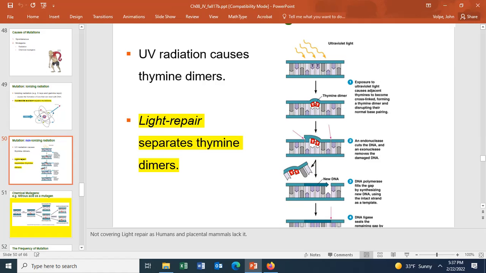UV light, when it hits DNA, will cause the DNA to react where if the DNA has two thymines that are next to each other, the thymines absorb the UV light, and then that forms a thymine dimer where the two thymines actually form a covalent bond between them. And DNA nucleotides do not normally bind to each other.